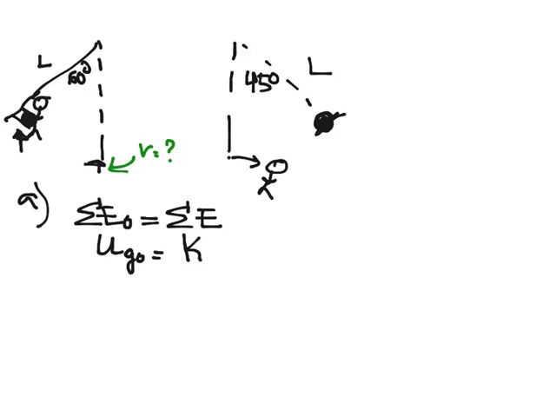For part B, it asks us to determine the speed of the seat immediately after the child dismounts. This is kind of weird to think about, but the most useful concept right here is going to be conservation of energy, because at this moment, when the kid is still on the swing, we have a velocity.